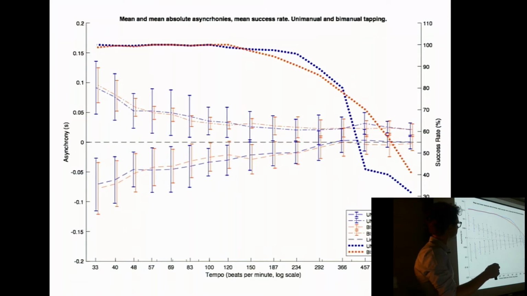And here, of course, there's the fact that you can't have a very big asynchrony at the fastest tempo, because the interval is very small. So in this area here, from 100 to 150, you have the best performance, because you find both high success rate and low mean asynchrony, all right?